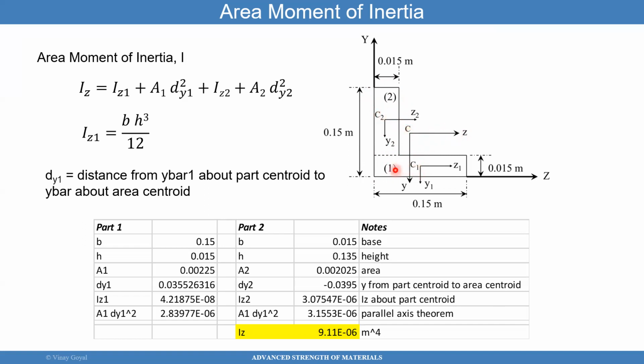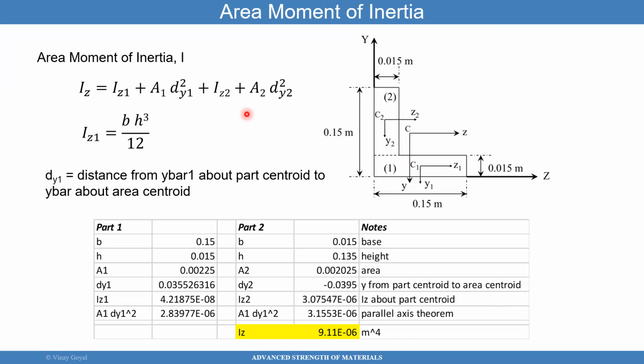So starting with part 1, we calculate the area, A1, which we did earlier, so that's known. But then I can calculate the distance from this point to this point, noting that the y-axis is pointed downward as positive. So from this point to this point, that's positive, and I should be able to calculate that distance fairly easily.